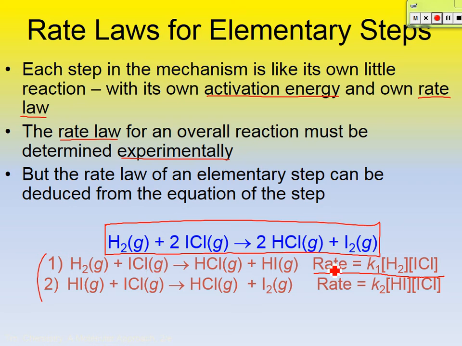So the rate law is equal to k times the concentration of H2, which is our reactant, times the concentration of ICl, which is a reactant. But also, elementary step number 2 would have its own rate law. Again, because HI is a reactant, that's going to show up in our rate law, and ICl is a reactant, so it shows up in our rate law. So each step can have its own rate law.